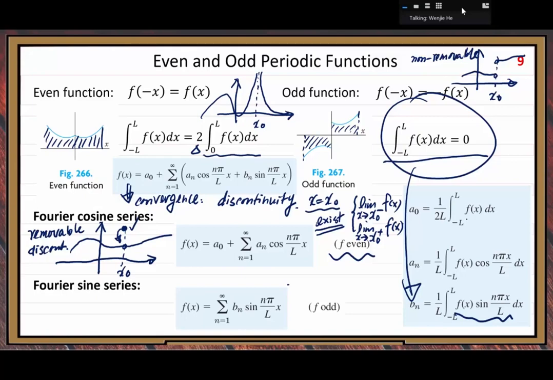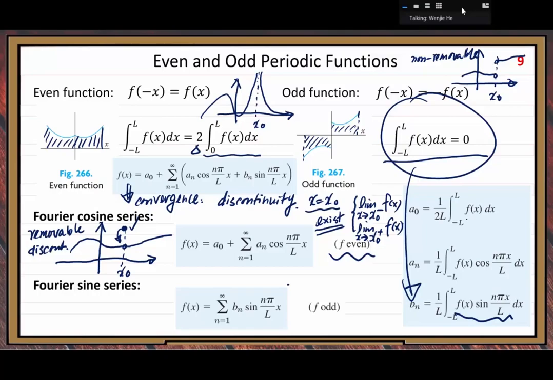So that's my further explanation for this convergence topic, to give you a better general understanding. That's what we did last time.